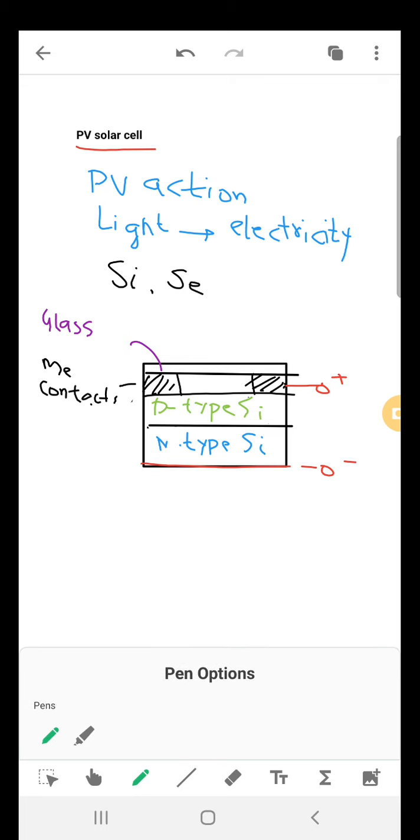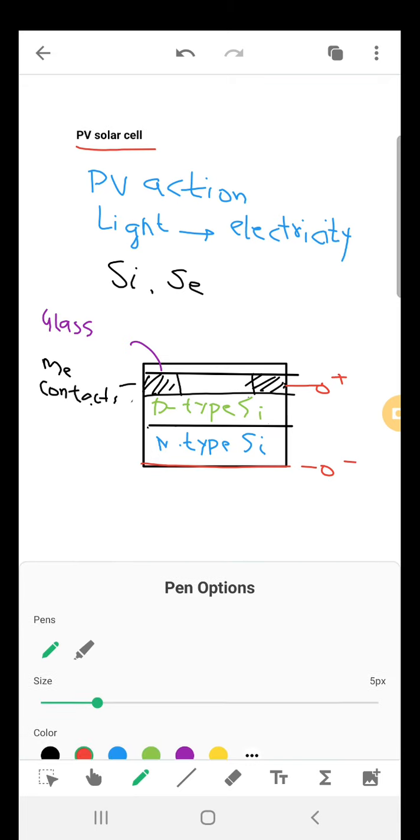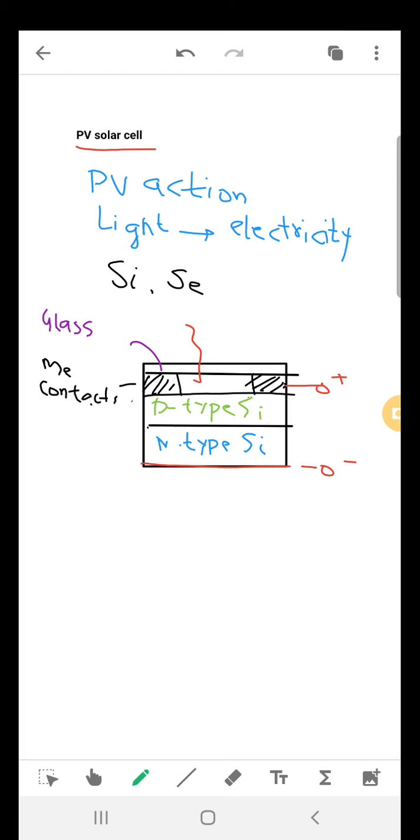So light falls onto the system. So this is one way of forming the solar cell.